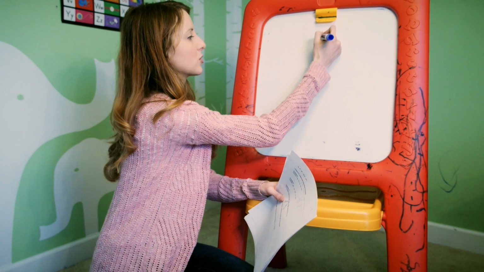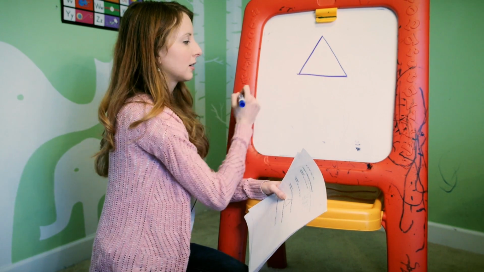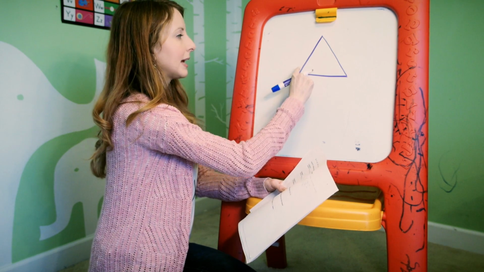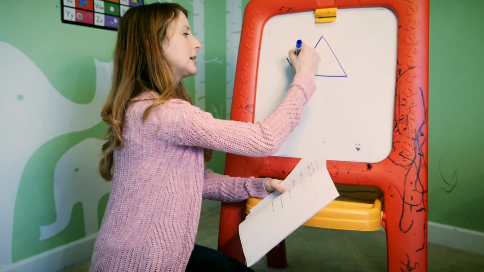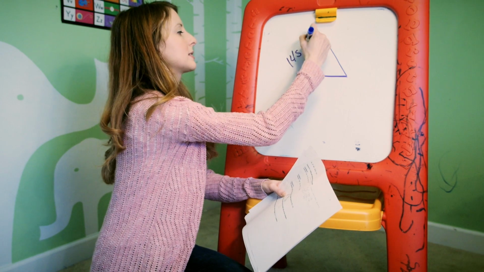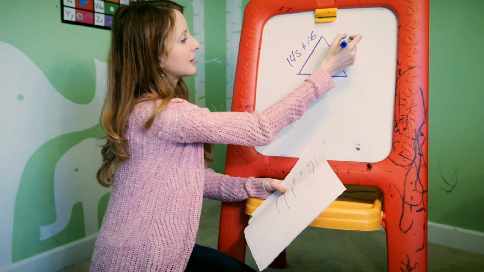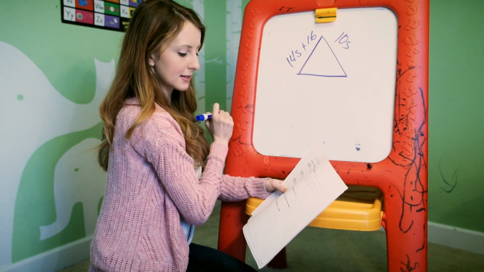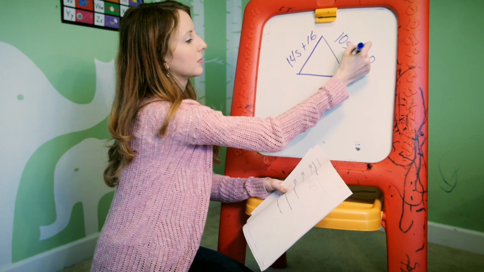Okay, let's draw this triangle so you can see what I mean. We are given the length of this side as a binomial, 14s plus 16, and then the length of this side is 10s plus 20.